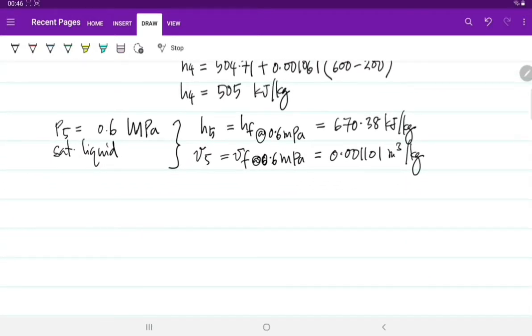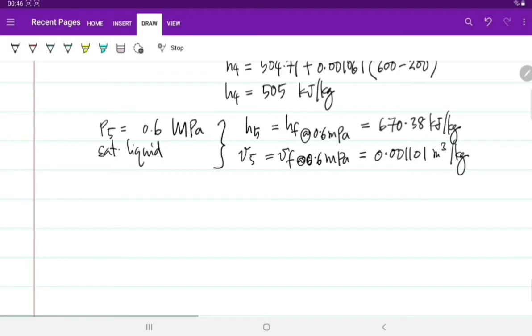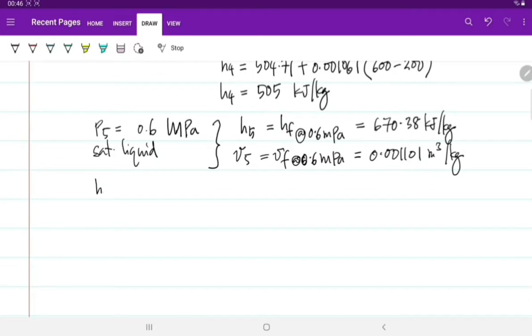Then for point number 6, it is in the pump. 5 and 6 is in the pump, so I can say that H6 minus H5 equals V5 times P6 minus P5.